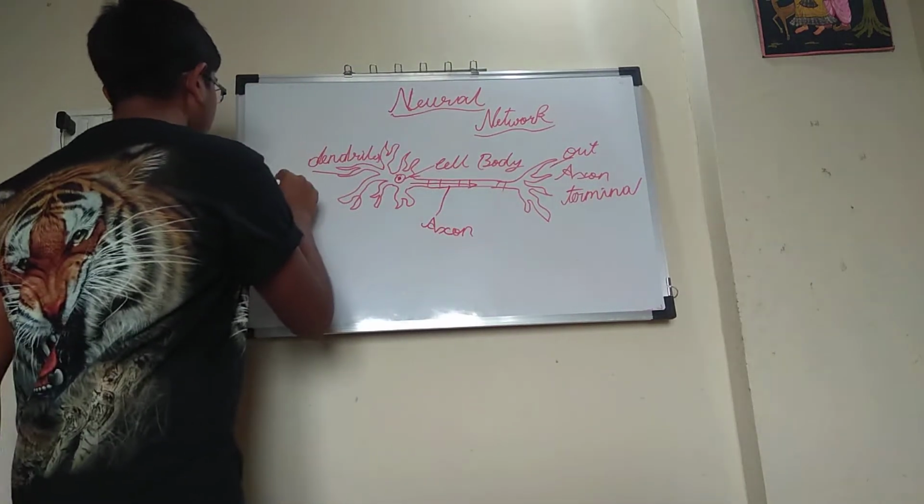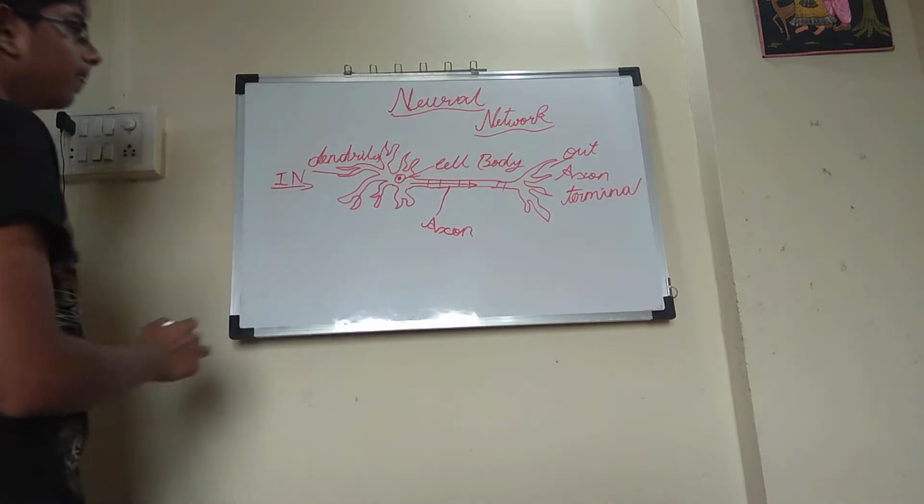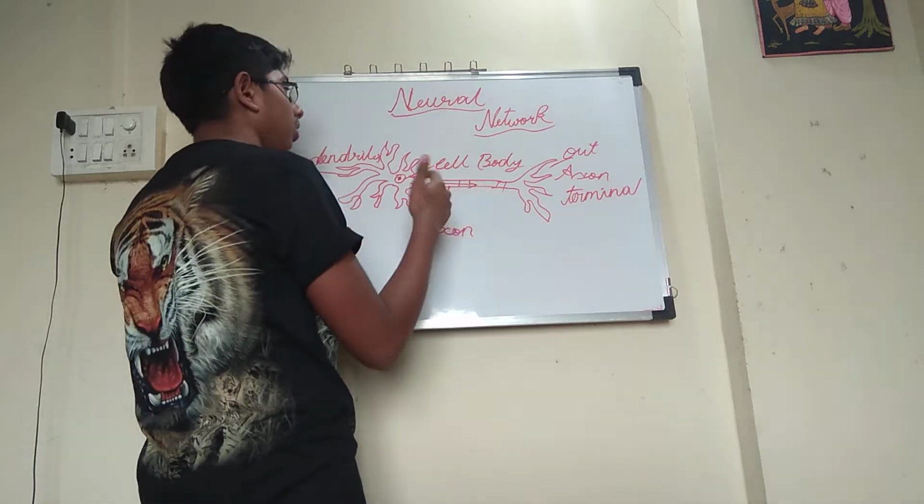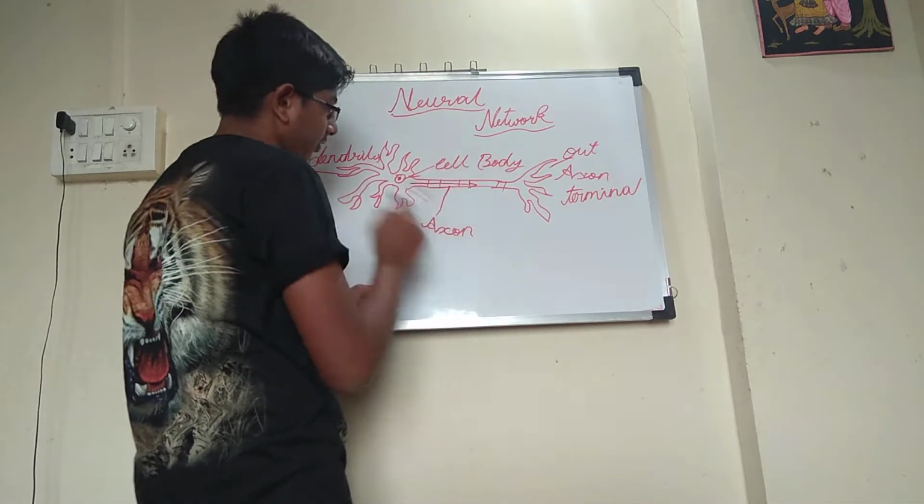The output of one will be an input for another. That's how a normal cell, the longest cell of the brain, called a neuron, works.